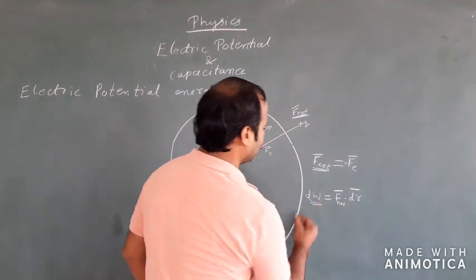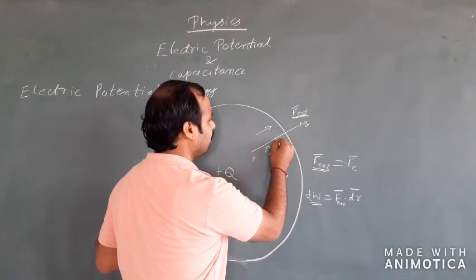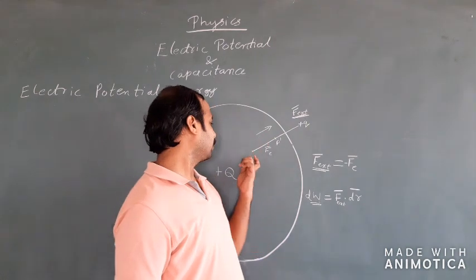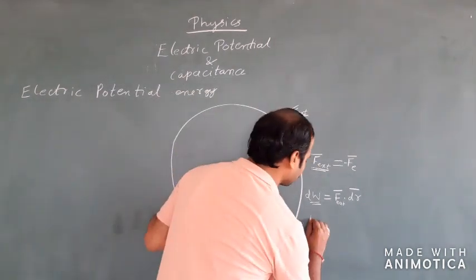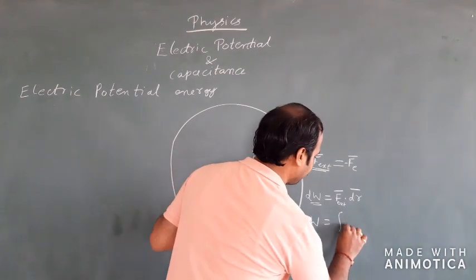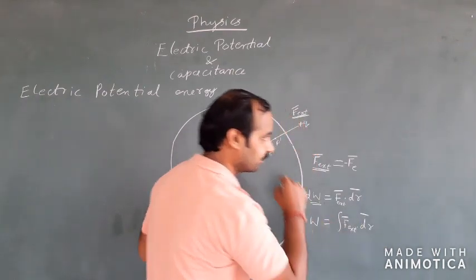A small amount of work is done in moving it from the boundary to a particular distance, let's say P'. In a similar manner, if I have to move it all the way till here, I have to find the total work done. The total work done will be the integral of F_ext dot dr.